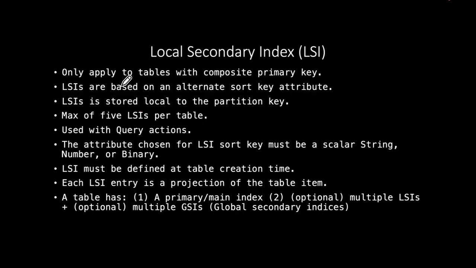You can say there are only specific properties of an item that I want copied into the local secondary index. That's referred to as projections. So when you define a local secondary index, you can associate with it a projection part, and the projection is where you specify what properties of items from the main table should actually be copied into the local secondary index.